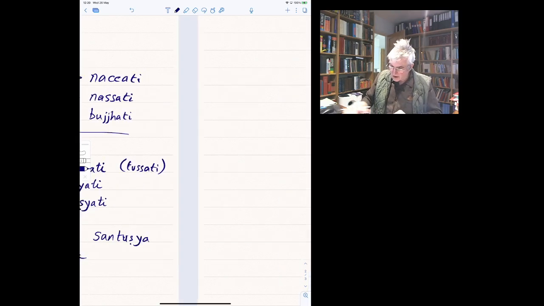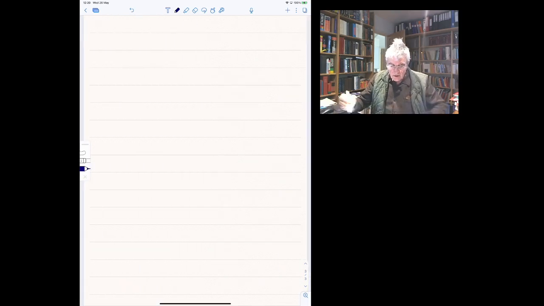Now back to our sixth class. And here we have the root vish, where vish equals to enter. The declension of this verb exactly follows the first class.